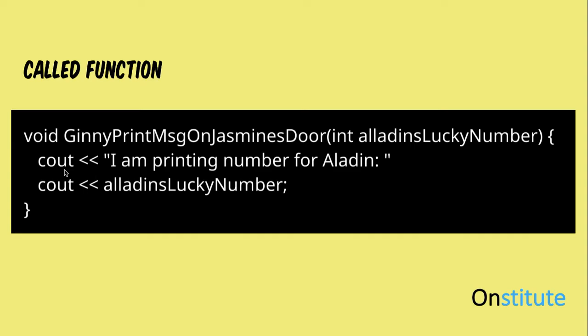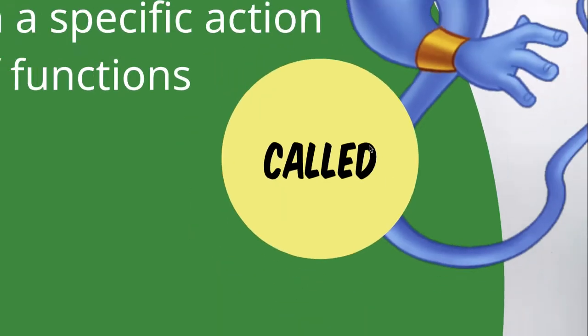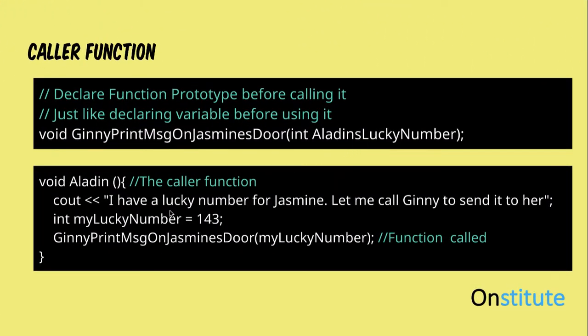Now, if you take another deeper look at it, you will realize that the function parameter name here is entirely different from the one in the caller function call. Let's go back again. So inside this caller function, Aladdin called Genie with the variable named my lucky number.